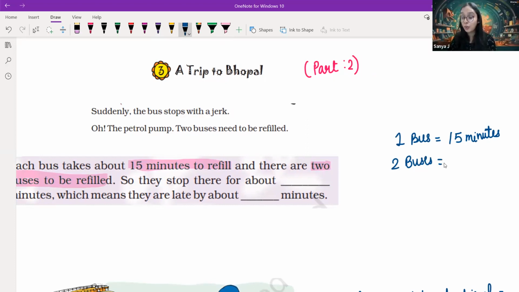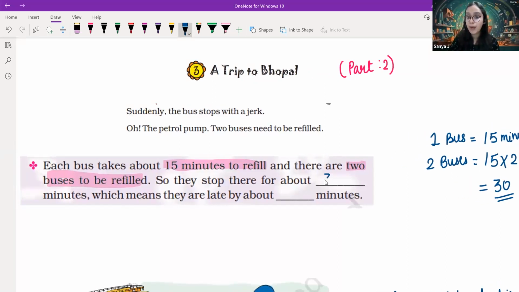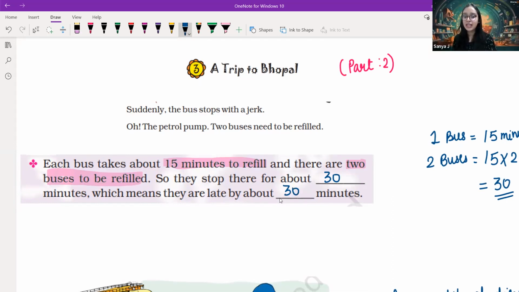For two buses, we will multiply 15 minutes by 2. And 15 multiplied by 2 is 30 minutes. So they stop there for about 30 minutes, which means that they are late by about 30 minutes. Let's move ahead.